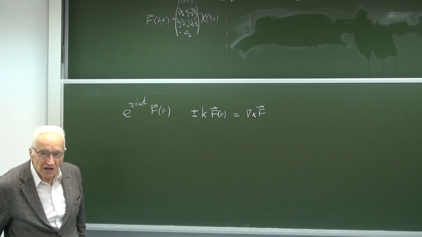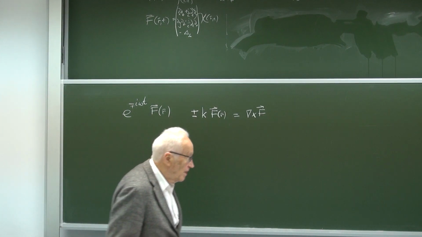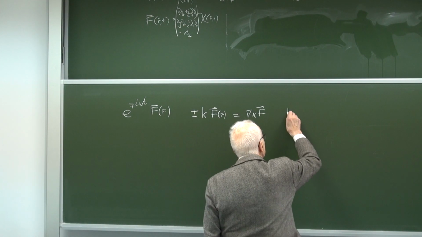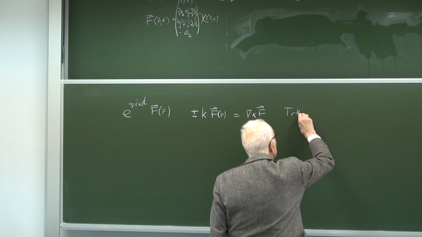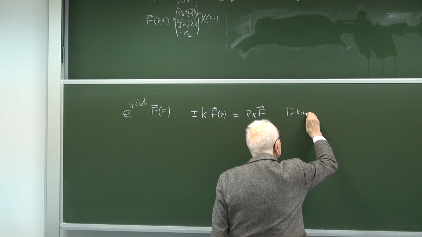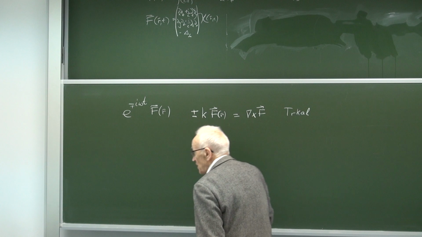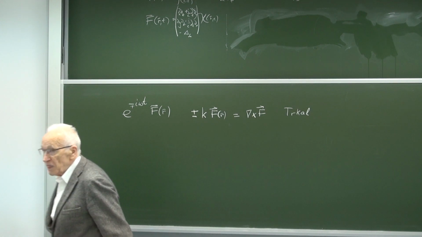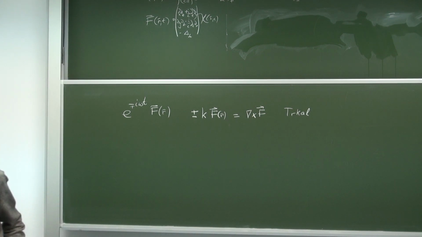This equation has a name. We should value this name because it comes from a Czech theoretical physicist, Trkal. As quite often in the Czech language, they don't need vowels, they have consonants.